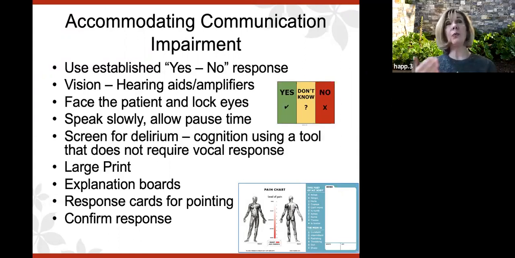So we would read the survey questions to the patient and then provide the Likert scale and allow them to select and confirm their response.